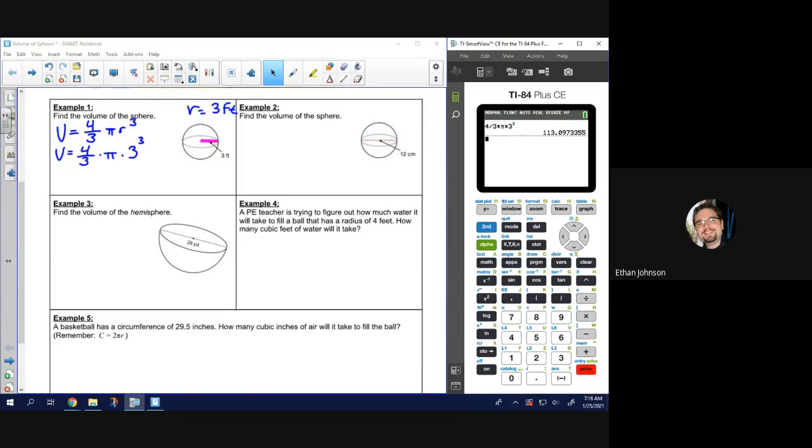Hit enter, and we get our volume equals 113 point, I'll round it to the nearest thousandth, 0.097, but we need our units of measure. So feet, volume is cubed.